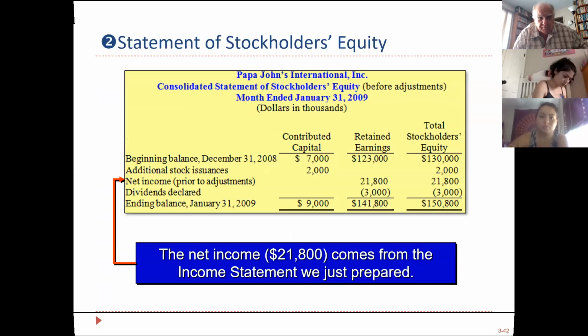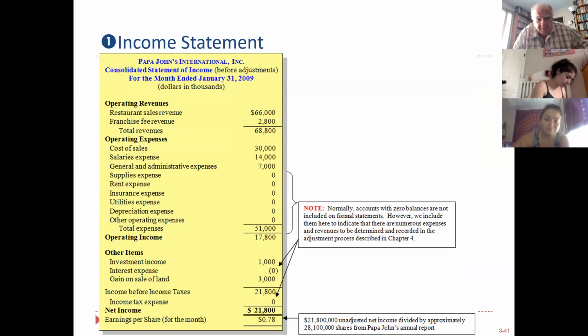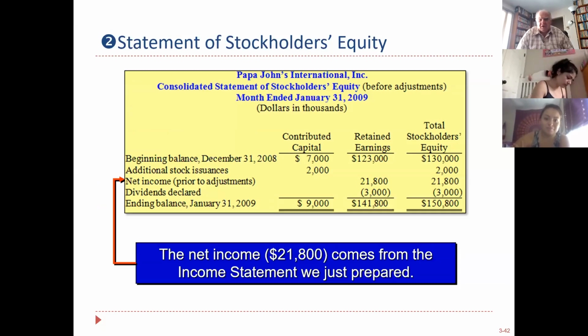That's an interesting note. Statement of stockholders' equity. Take a look at this. This is the first time you're really seeing a good presentation, I think. Statement of equity. You have a beginning balance of equity of 130.